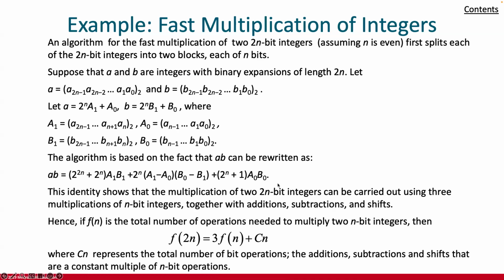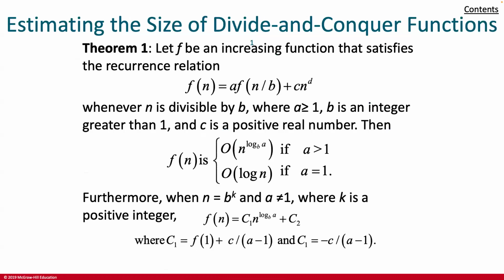What we get to is that f of n is the total number of operations needed to multiply the two n-bit integers, and it can be found here, where c of n represents the total number of bit operations, the additions, subtractions, and shifts that are a constant multiple of n-bit operations. So those are a couple of examples where we can use this.